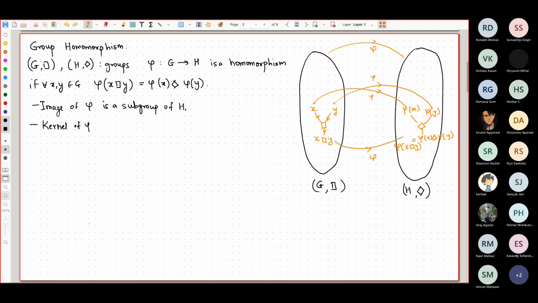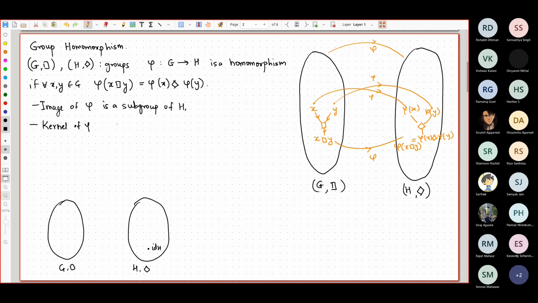Let me draw another diagram maybe. You have a group, you have another group. The second group has some identity element, ID_H, let's say.